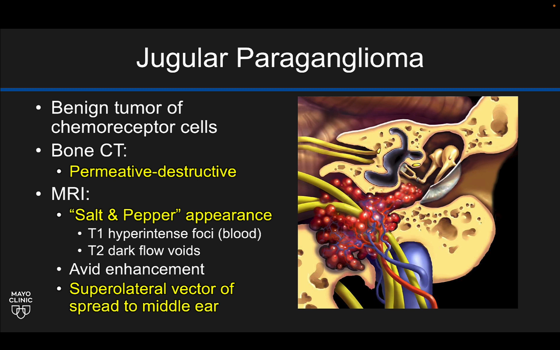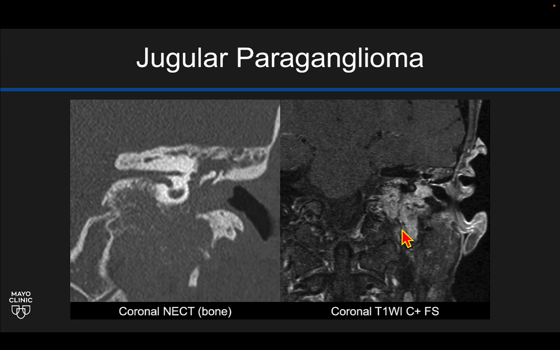These are incredibly vascular tumors, so they enhance really, really avidly. And as this diagram nicely shows, they have a characteristic superolateral vector of spread. So they originate in the jugular foramen, but they extend superiorly and laterally into the floor of the middle ear. So that superolateral vector of spread is very characteristic of a jugular paraganglioma.